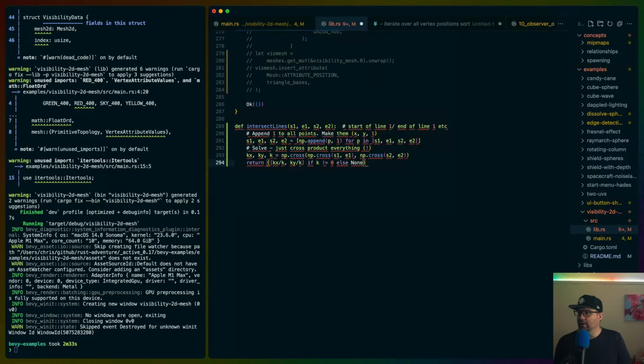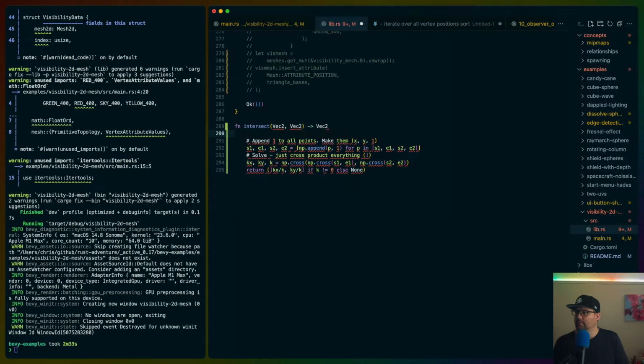If we were going to use the code that we just saw, this would be like fn intersect vec2 vec2 vec2. Right, start, end, return.